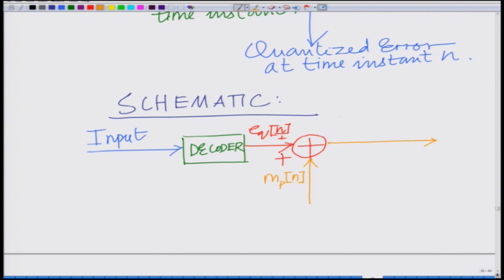That gives rise to the output MQ of n. Now, this output you also pass through the prediction filter, again the same prediction function.